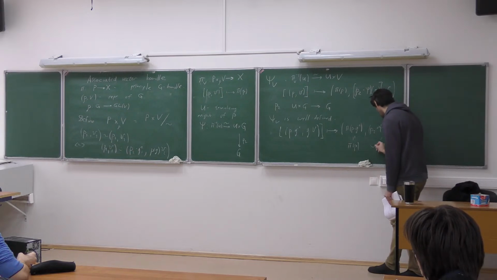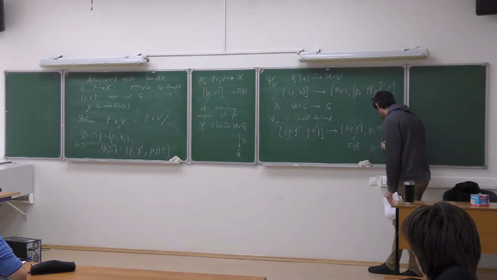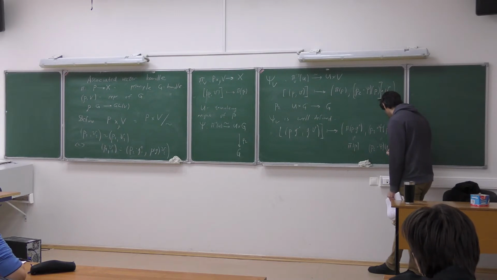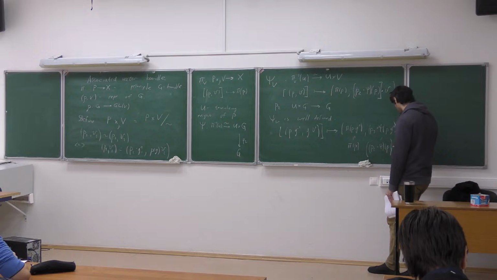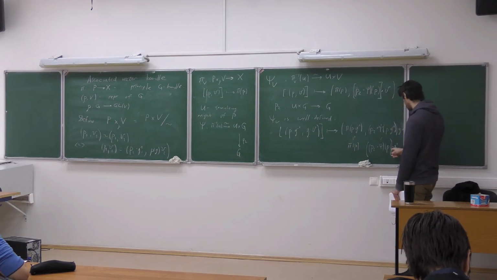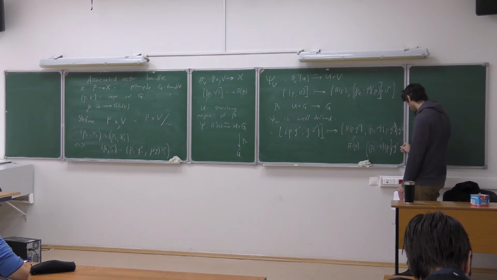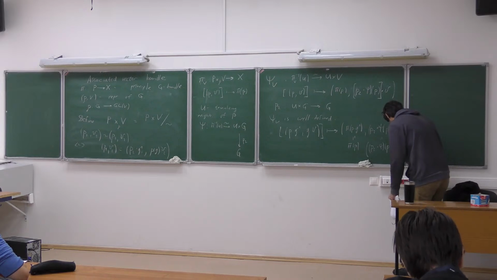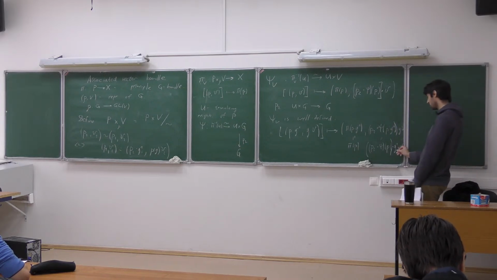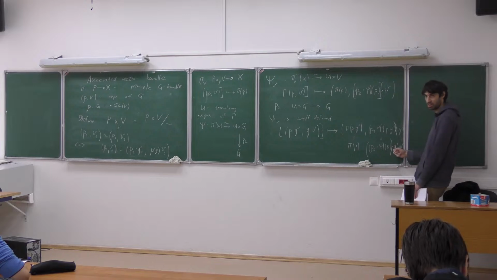So therefore, this G inverse goes outside. And we have all this stuff, P2 composed with psi of P, but then I have this acted on by G inverse, and then this guy acts on G V. Right, so this G inverse and G, well, because it's an action, I can just multiply them and get identity.